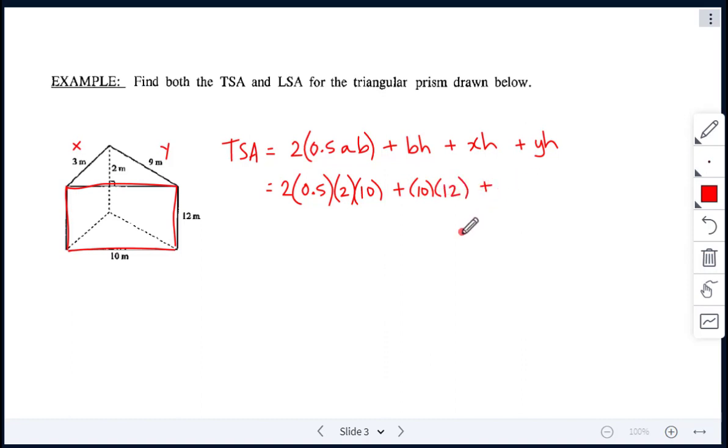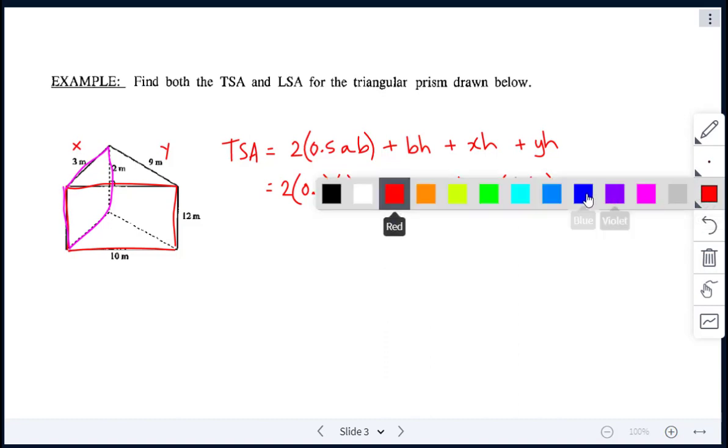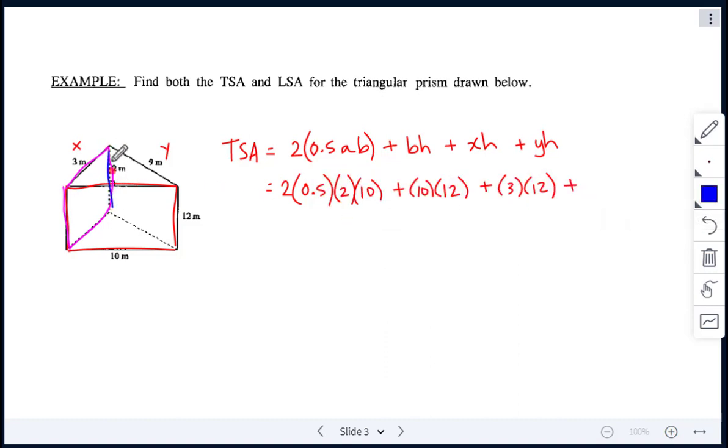And then the next rectangle here, which is XH, is going to be 3 times 12. I'll highlight that in a different color, just so you can see that better. The next one is this one, which is 3 times 12, and then the last rectangle is this one here, and that's going to be 9 times 12.